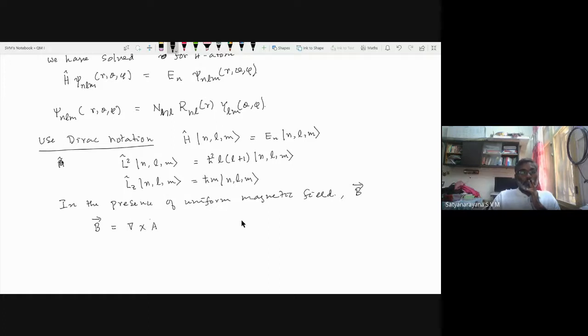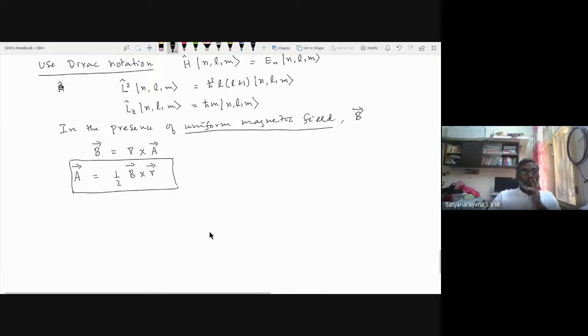So B can always be written as the curl of A. Now if you have a uniform magnetic field, this is something you can show, or probably have already shown, that A is equal to half B cross r. So you can show that this vector potential gives you a uniform magnetic field.